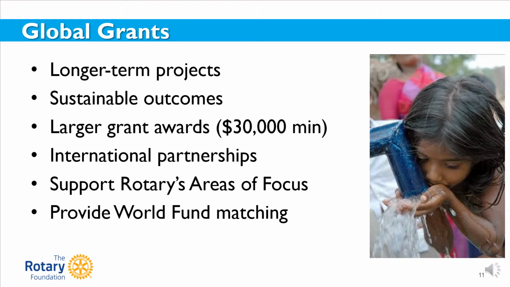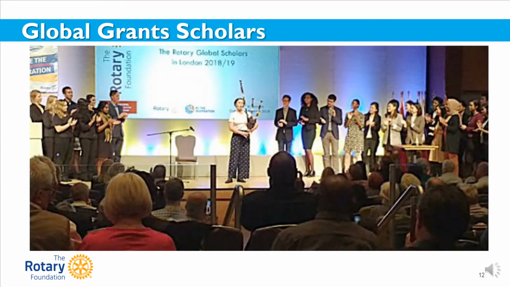Global grants are eligible for matching funds from the Rotary Foundation through the World Fund. Through global grants, District 6200 has sponsored 3 postgraduate scholars over the last 3 years who've advanced their studies at universities in Europe and Africa while they worked on projects addressing local community needs.